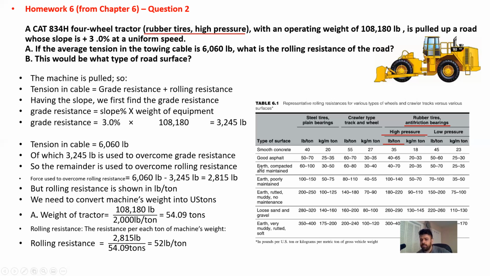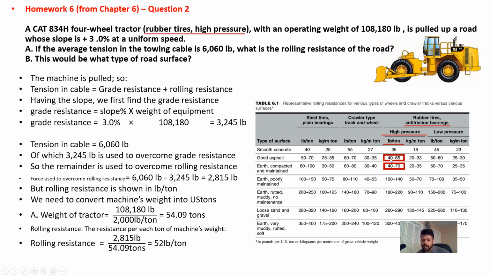We want the type of the surface. That is what is wanted, okay? So having the pound per ton, our number is 52. We should see where it falls. Number 52 falls into this range, but it could also fall into this range, okay?